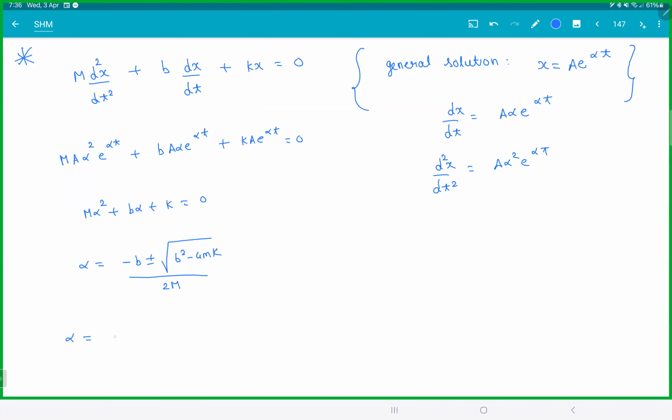So I can write alpha as minus b by 2m plus or minus root over b square by 4m square minus k by m. So the final answer is what? x is equal to A into e power alpha t. So take this alpha, put it there. That's your answer. That's your x as a function of time t.